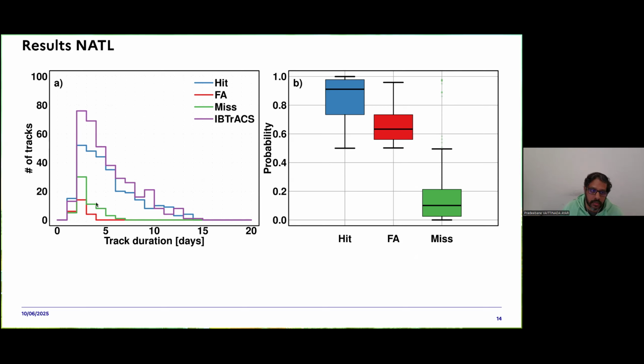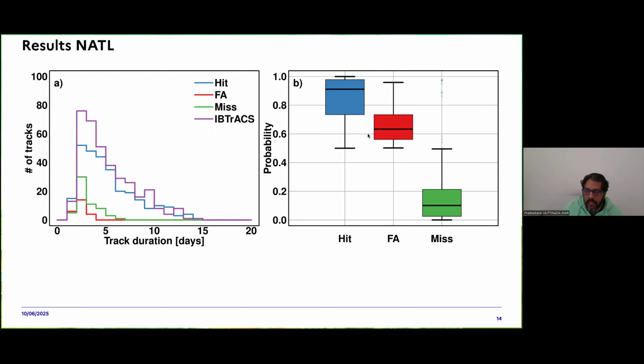The misses in green are the short ones, and it's the same category for the false alarms. I also looked at the probabilities given by random forest for those tracks, and the hits are quite high, close to 1.